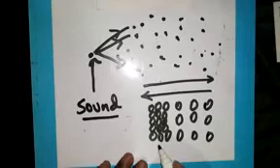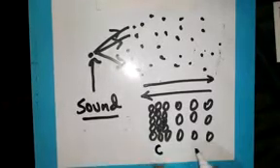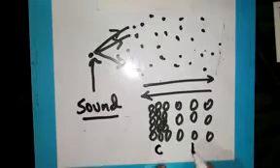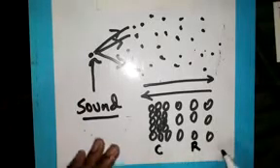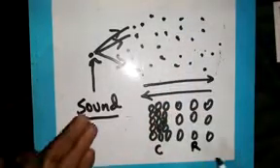And these regions where particles are close is C, which is compression, and this one is R, which is rarefaction. As you can see now, we are saying sound wave is a longitudinal wave.